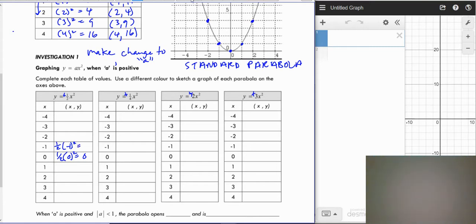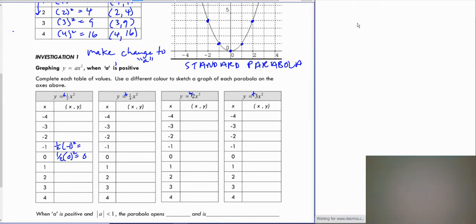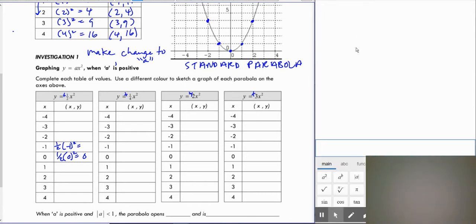So what I would say to you is we could make this a little bit easier using our Desmos scientific calculator. So you could put this equation in and then use it over and over again.